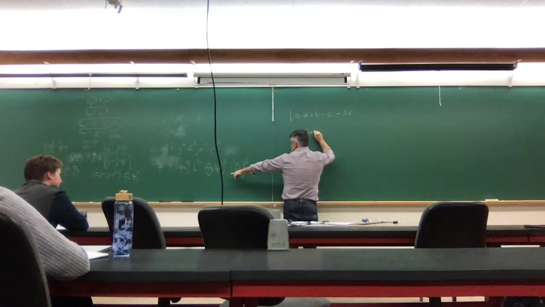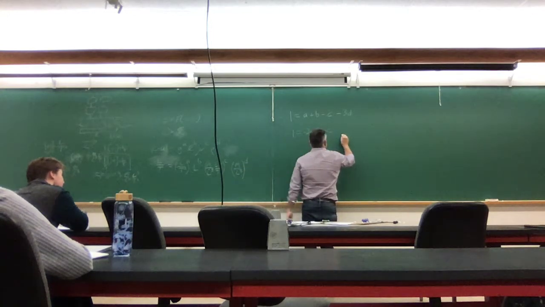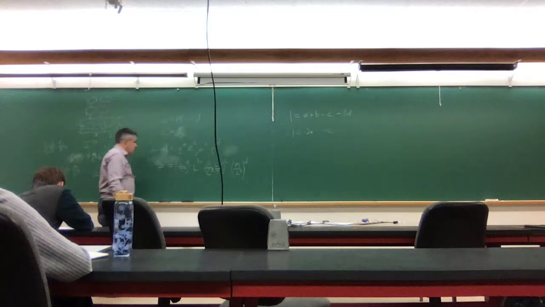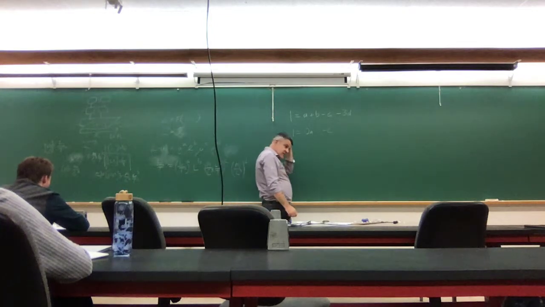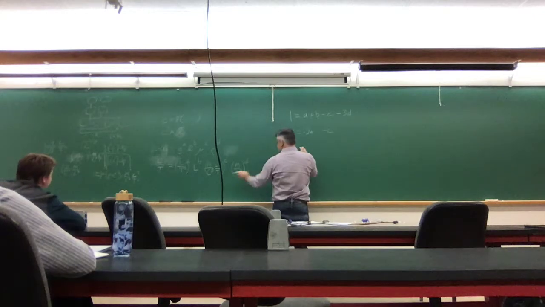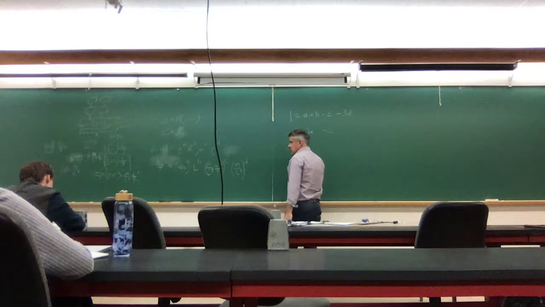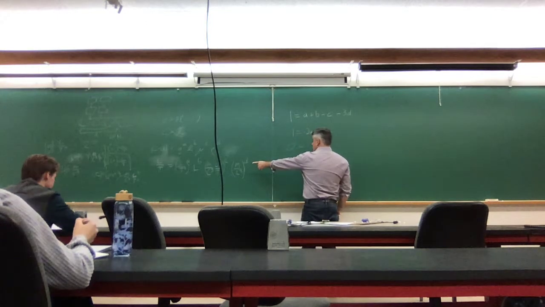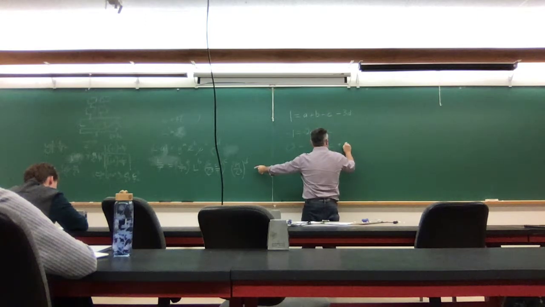And what about C? -C. And what about D? Doesn't appear. What about M? 0. I've got zero M's on that side, and how many M's do I have on this side? I've got 1 for C, and I've got 1 for D.